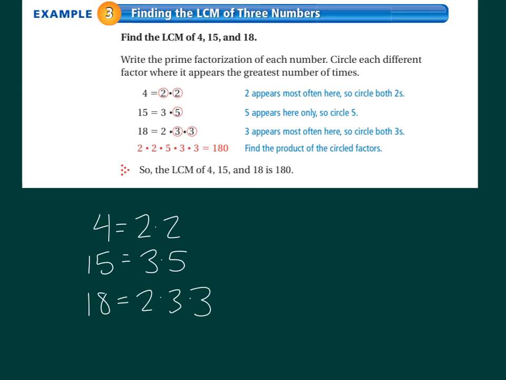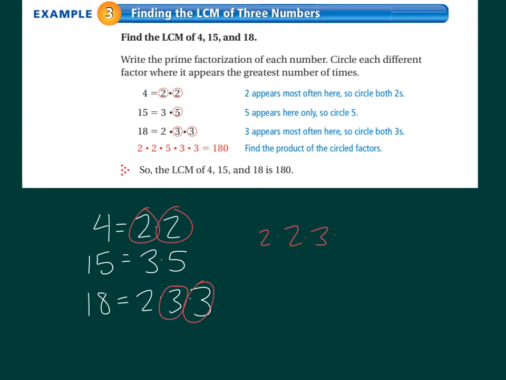So what I want to do is take my 2 factors of 2 from the top and write them down. 2 times 2. Okay, then I want to circle the next factor. So my next factor is 3. Looking through here, I have 1 factor of 3 here. I already know that this isn't going to be the row because I took the 2's from there. And then I have 2 factors of 3 from the bottom. So I'm going to take the 2 factors of 3 over the one that only has 1 factor of 3.